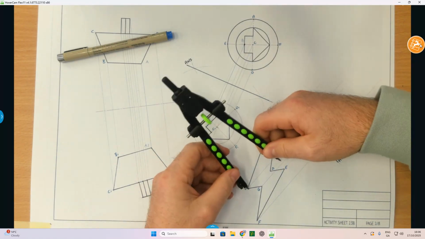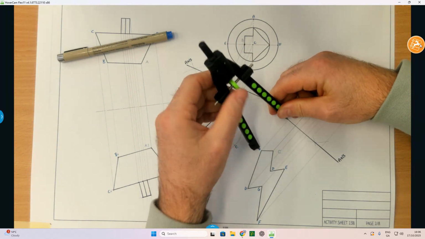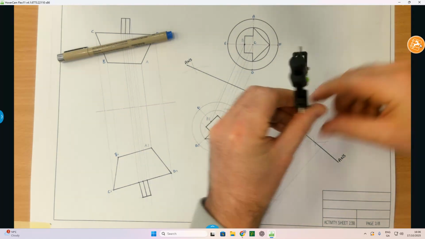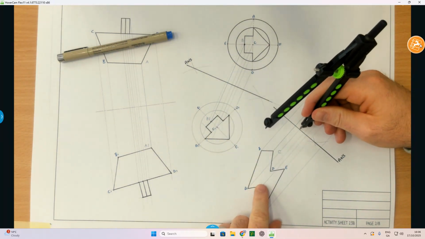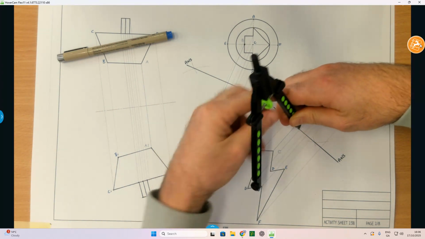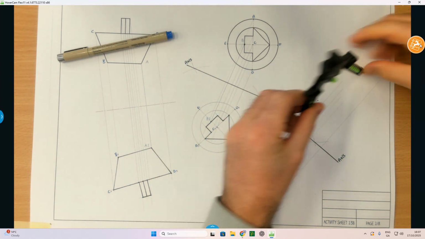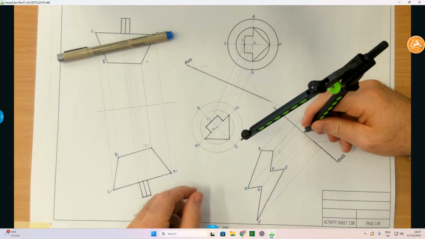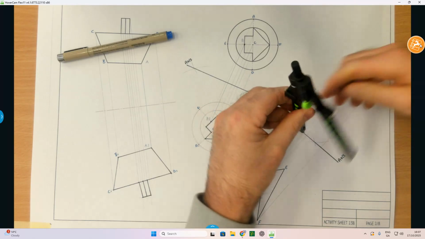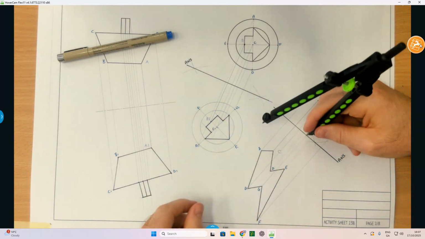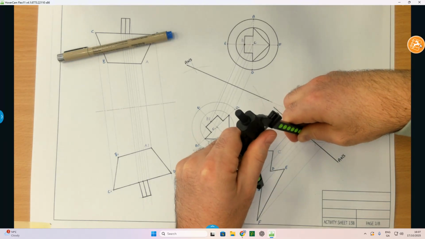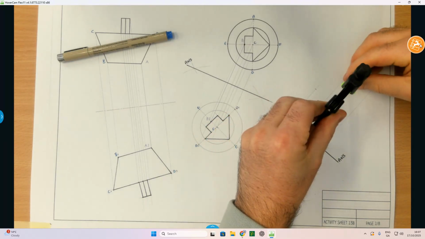Now, I'm going to start with this one here, which is B. Let's take the distance from the axis to B, mark it out. C is done. Next one here is A. I'm just going to work my way down, see what it connects to. Distance out to A, I will need to extend that line there a little bit. Next one is D. Mark it out as far as D. Next one for me is actually G. And once again, I may need to extend my line there for that one.